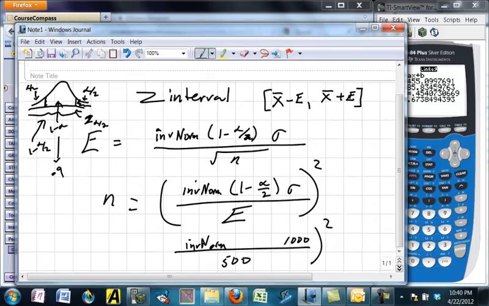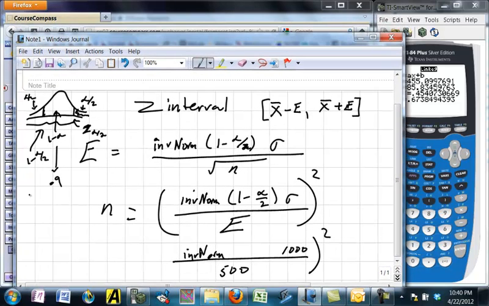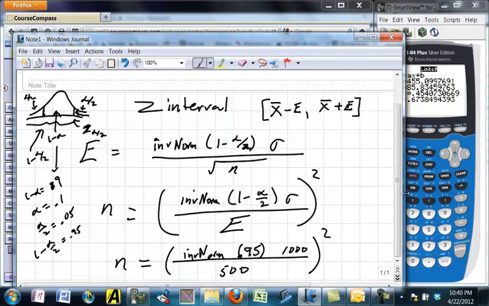So if it's 90%, that means 1 minus alpha is 0.9. So that means alpha is 0.1, alpha over 2 is 0.05, and 1 minus alpha over 2 is 0.95. And it's the 0.95 that we put in here. So that's n. Always round up on n.